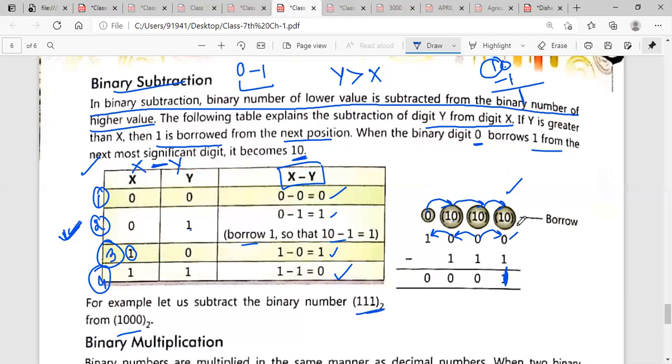Okay, now 1 0 minus 1 will be 1. And now here is 1 0, minus 1 is 0, minus 1 again is 0.